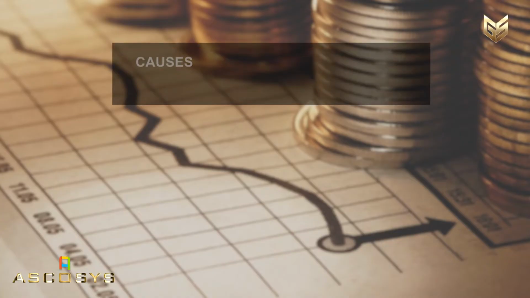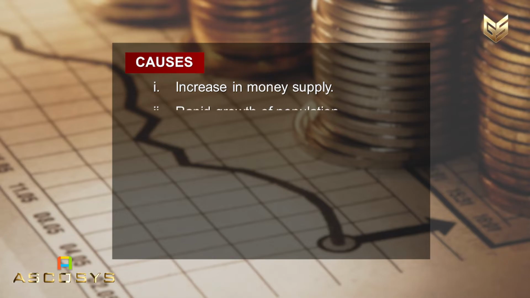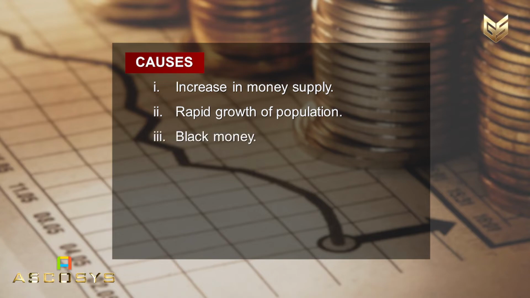While moving on to the different causes of inflation, we'll get the following causes as important. First cause, increase in money supply leads to inflation. Second, rapid growth of population. Third, the generation of black money also leads to inflation.